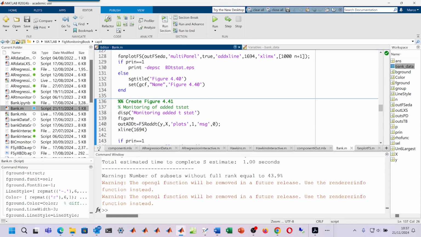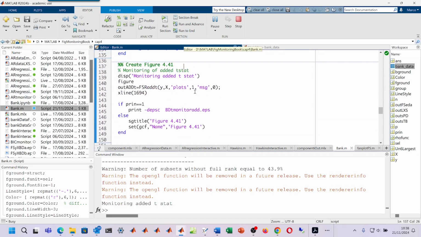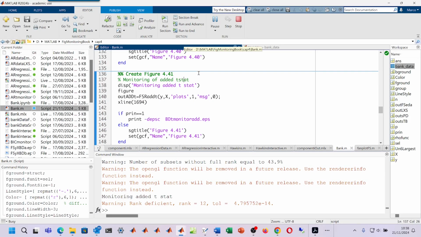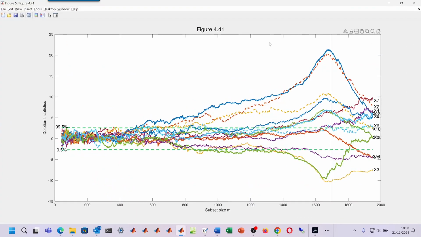So these curves are nicely summarized in the monitoring plot of the 13 added variable t-statistics. These added variable t-statistics actually have t-distributions, so they are slightly different in detail from the ones that we've been looking at before, which were just calculated as the search or as estimation proceeds.